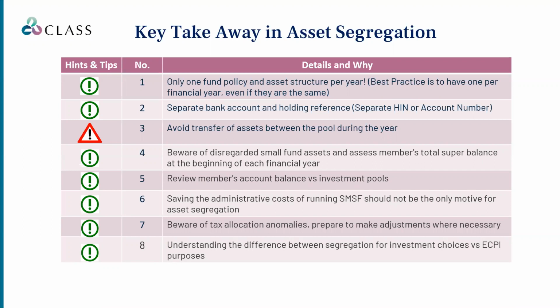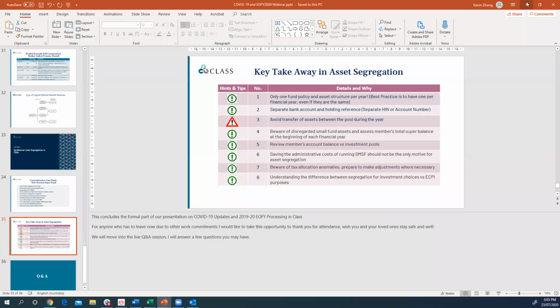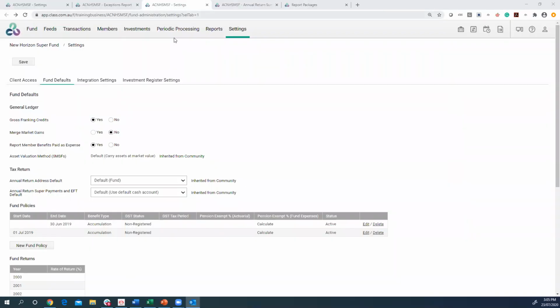How to do it is another good question. How do you actually do adjustments or benefit adjustments? So let me quickly switch to Class. This is done when you run a period update.